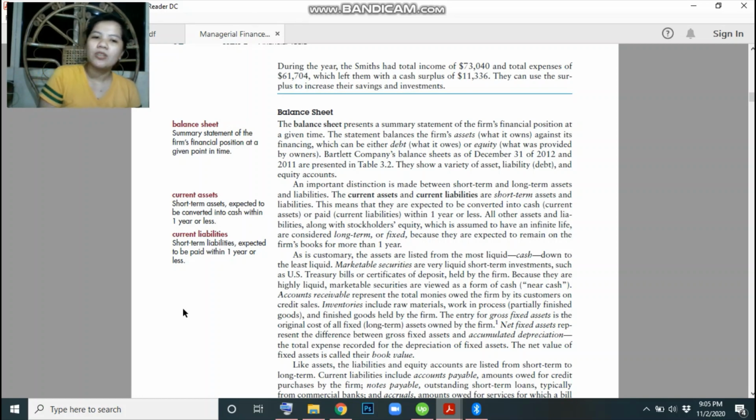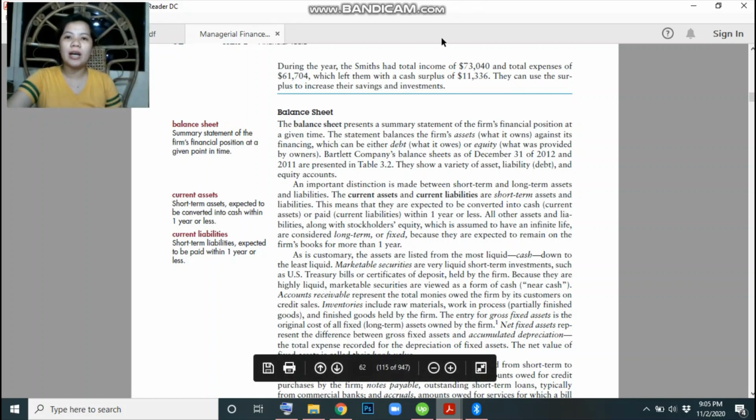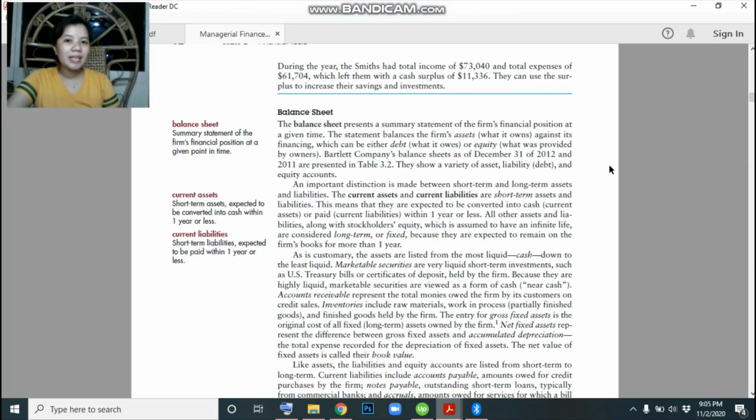Okay, sige. So, unsa man nga mga information ang atong makita sa balance sheet? The balance sheet has three main parts. We have the assets, liabilities, and equity. Diba in accounting, we learned the accounting formula which is assets is equal to liabilities plus equity, or assets minus liabilities is equal to equity.